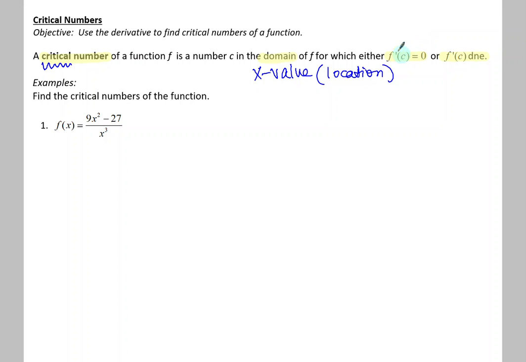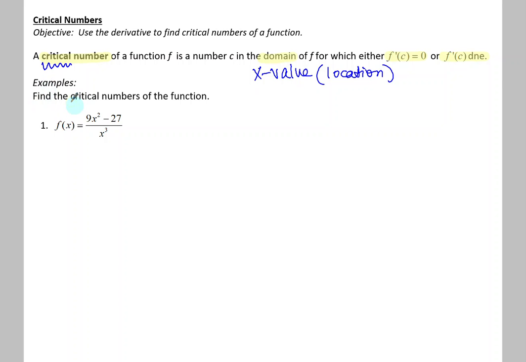Not necessarily that just because these things are true means there will be a local max or min, but there might be. Anyway, it means some place where something critical is happening, and that's going to be where the derivative equals 0 or the derivative does not exist.